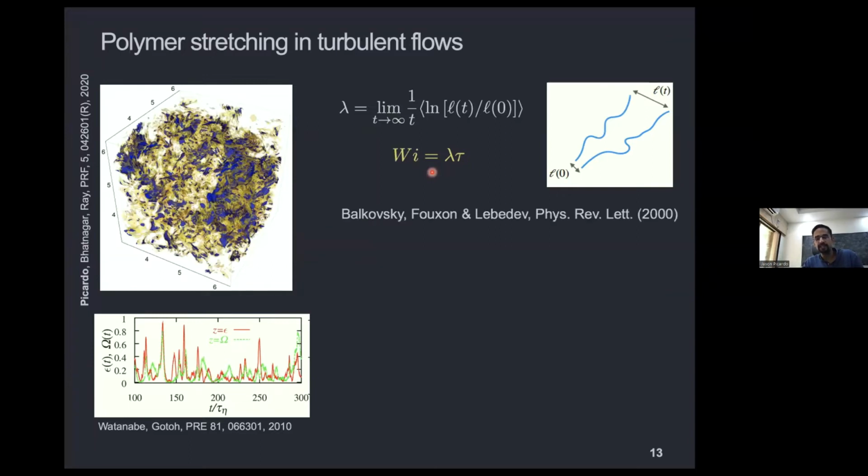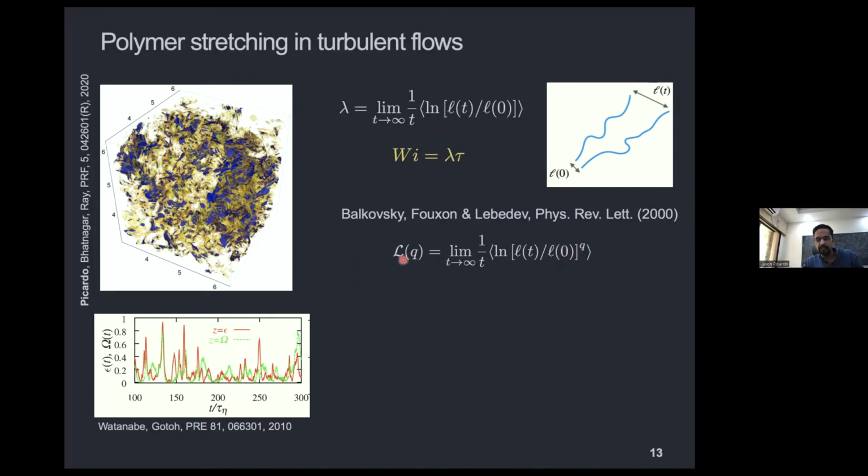A more precise description was given in this seminal work in PRL, where they started with the generalized Lyapunov exponents, which is just this definition, but the qth moment of the stretching.